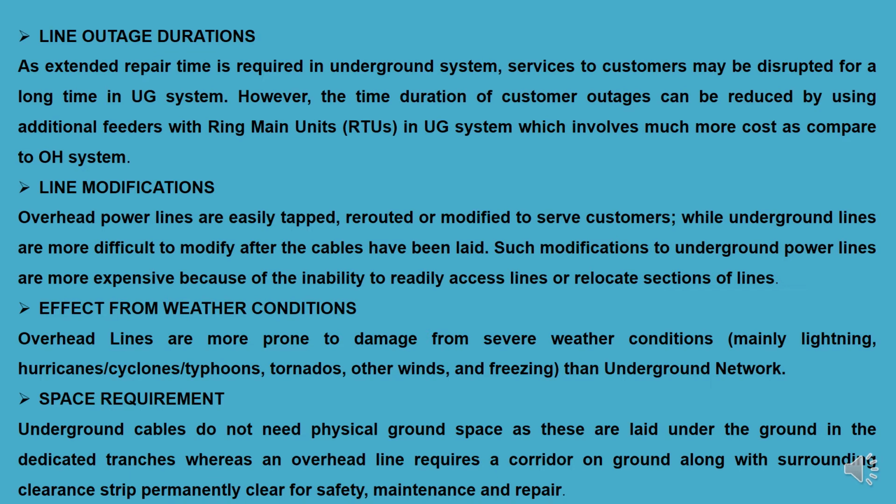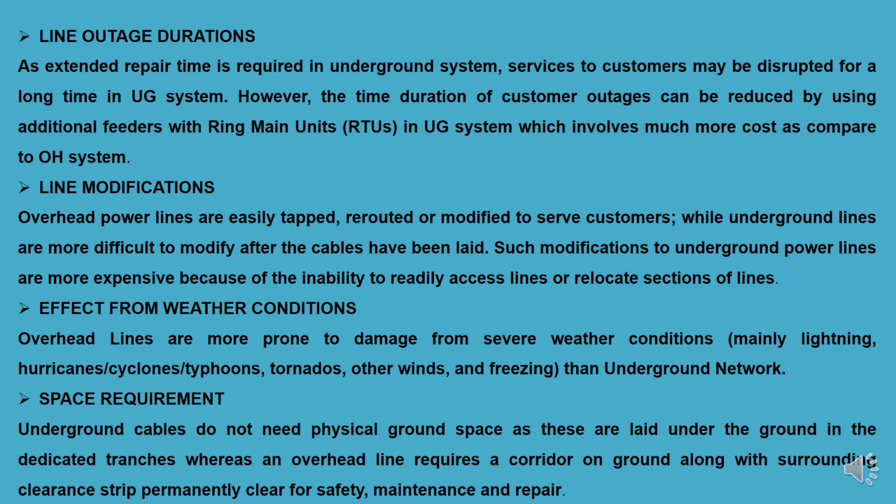If there is any fault in a particular area, we have to switch off the power for that area, and from other areas we have to supply the lines if it is a very long duration, or if it is 2 days or 3 days or 4 days. We cannot stop the whole supply, right? We have to stop the particular area and repair as early as possible. So outage duration is also more as compared to the overhead network system.